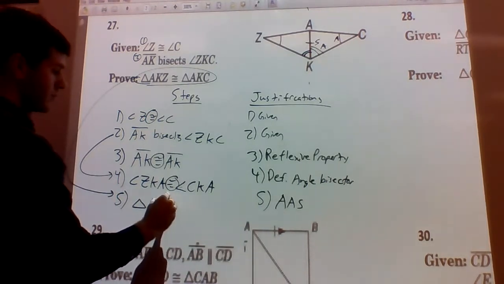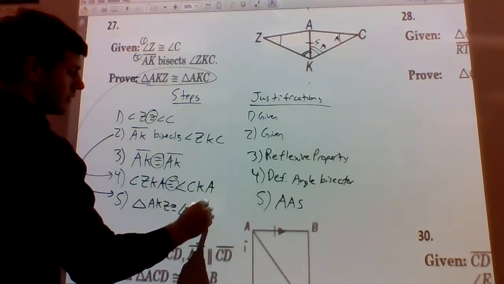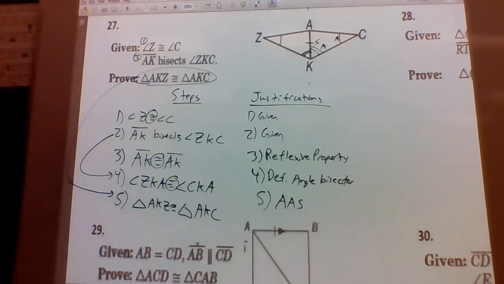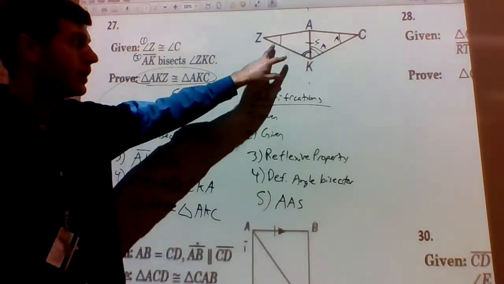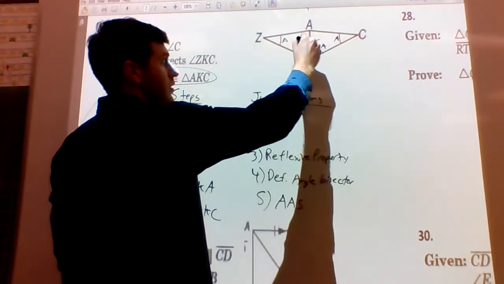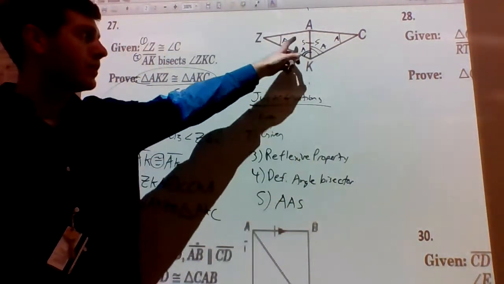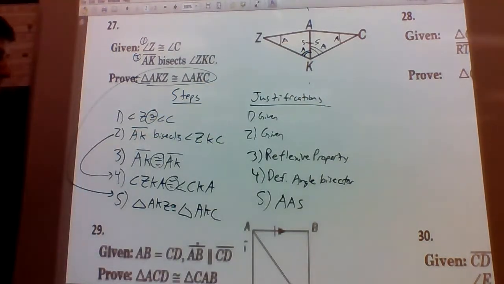We have two angles that are congruent and a non-included side, the side that's not in between them. Angle, angle, side.